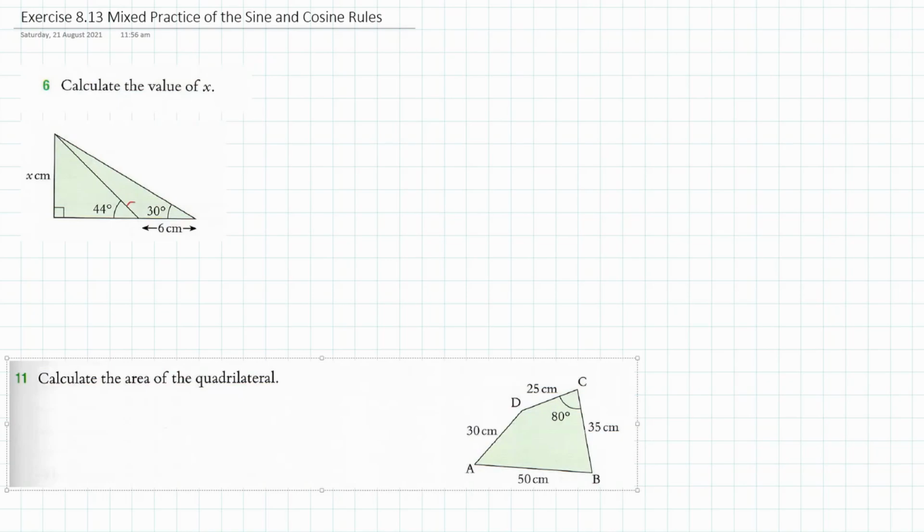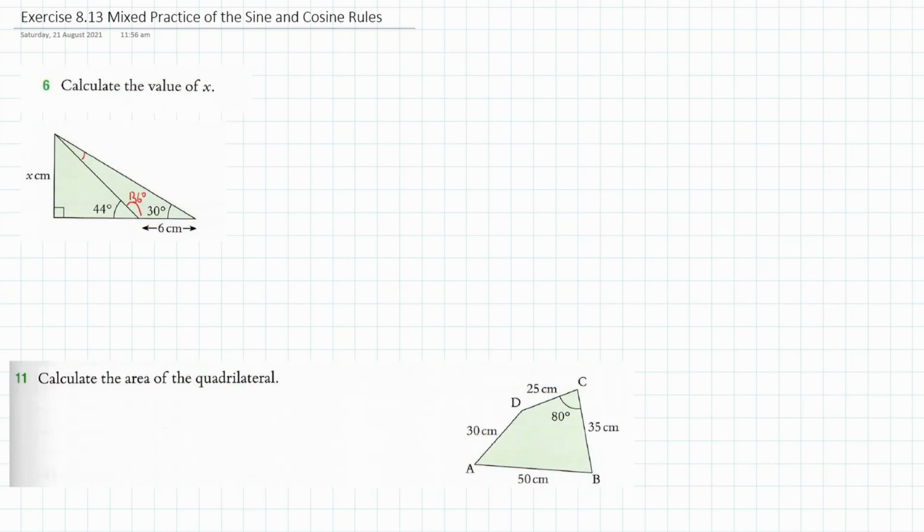This angle here must add up to 180, take away 44. So in that case, we're going to be 136. And that means we can work out this little angle here.